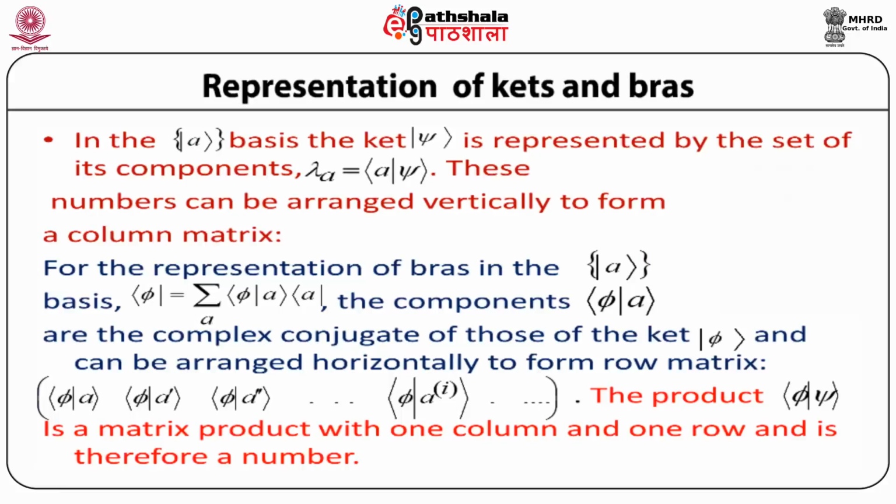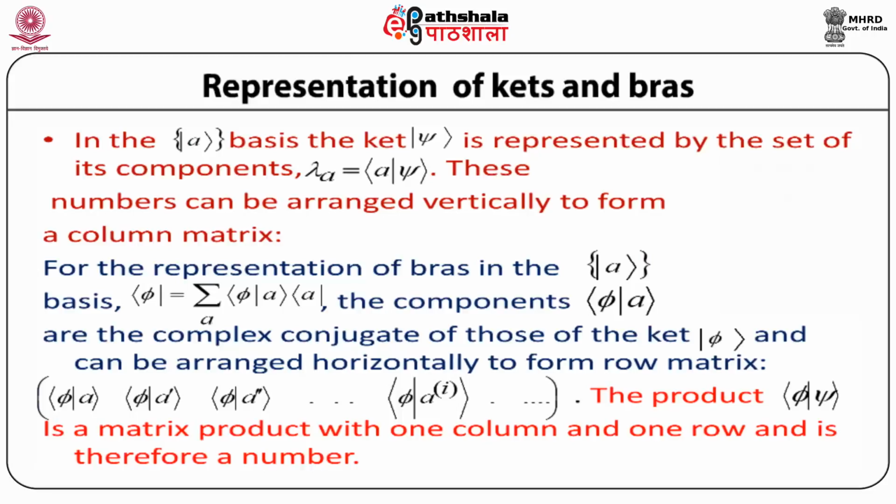These numbers can be arranged vertically to form a column matrix, where the column matrix is given as ⟨A|ψ⟩, ⟨A′|ψ⟩, ⟨A″|ψ⟩, and so on.